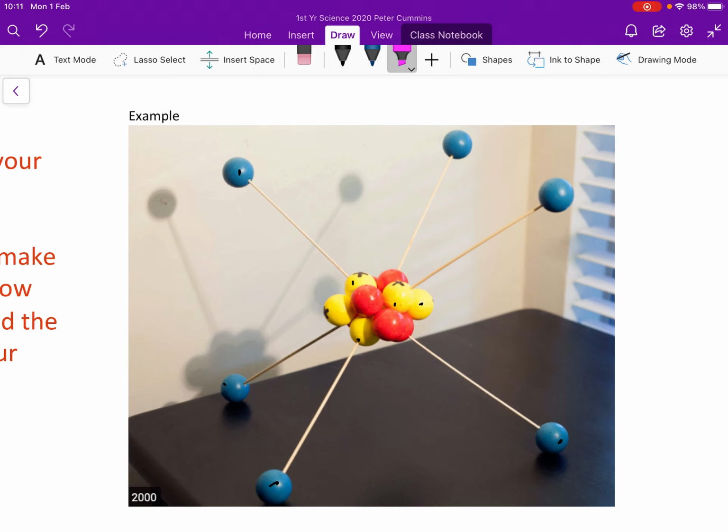And here's an example of one that was drawn. This person has spotted that here are the electrons out here, and they have a negative charge on them. All the blue ones are electrons, negatively charged. And in the center, they have the protons and neutrons, and most importantly, the right amount of protons.